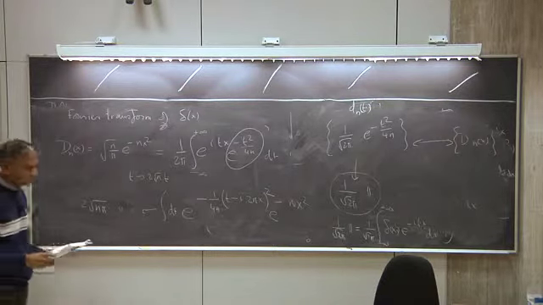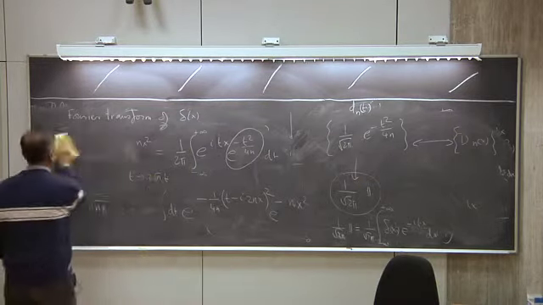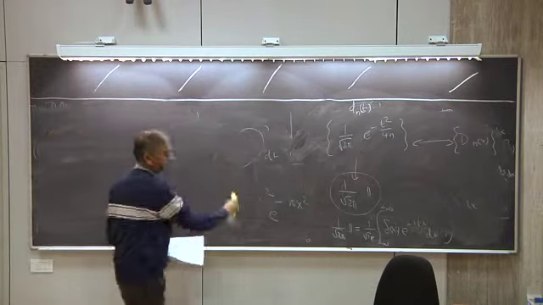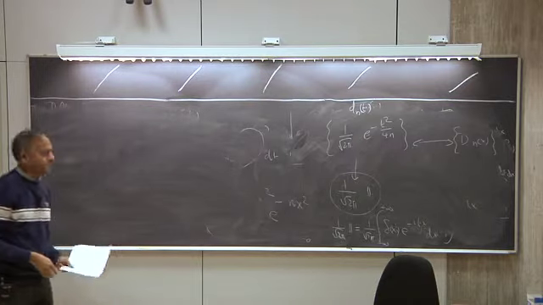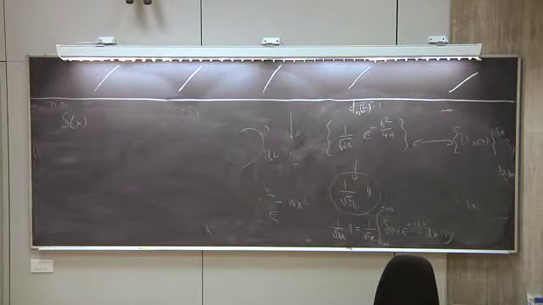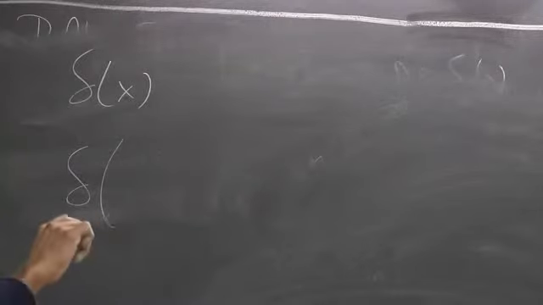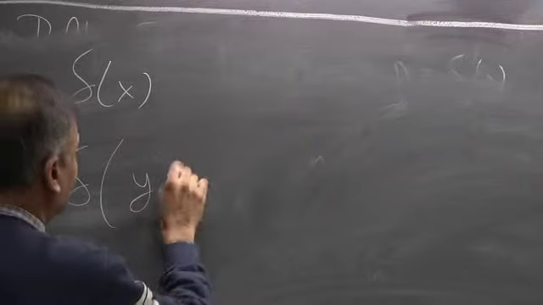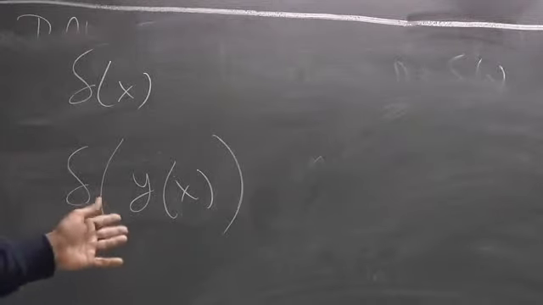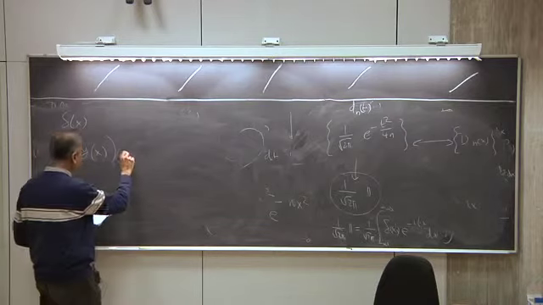Maybe I can just mention one more thing which could be useful in some physics examples. So far we've been talking about the delta function of x, but sometimes in various physics applications, you encounter something like the delta function of a function of x, let's say y of x. This sometimes comes up in some applications, but you can write it as follows.